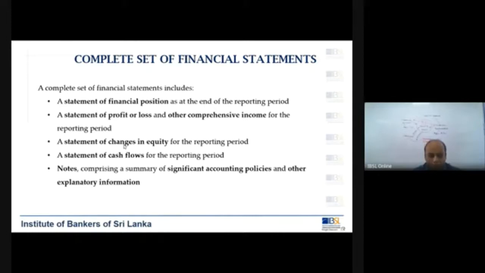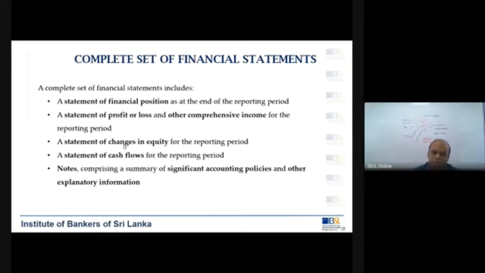Then we also provide, which we have already learned under LKAS 8, significant accounting policies. These accounting policies are the ones which are governing the preparation of financial statements, because your accounting policies will specify what assumptions you have made.